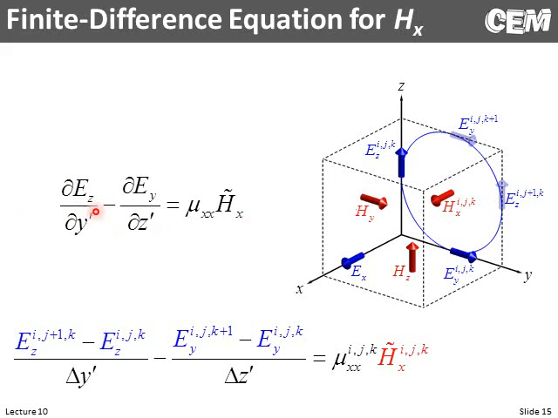Now let's look at these derivatives. These are first order derivatives, so it's slope, rise over run. And we want to estimate now the derivative of the e sub z component in the y direction. So here we are, h sub x at this point, and we want to take the derivative in the y direction of the e sub z components. So if we want the derivative to exist at a midpoint, then we need to grab an electric field from the following cell over here.